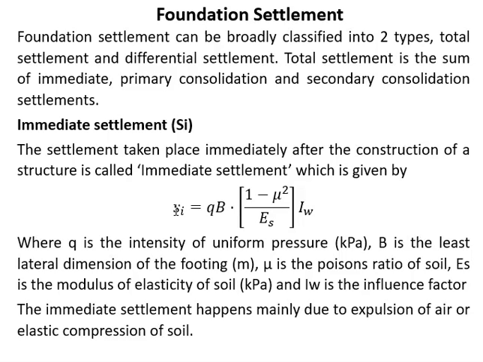Immediate settlement happens only due to the expulsion of air from the soil in case of clay soil, and this happens due to the expulsion of air as well as water in case of granular soil. Primarily this immediate settlement is happening due to elastic adjustment of particles.